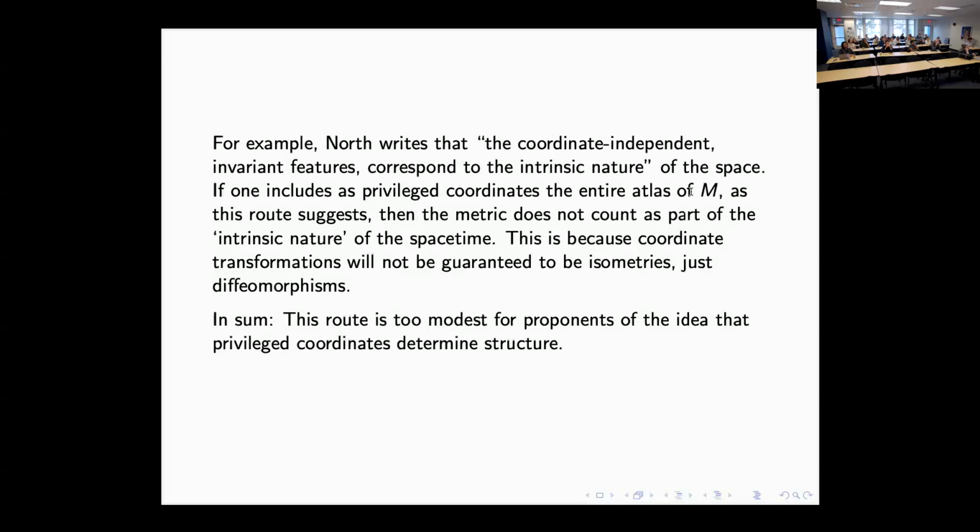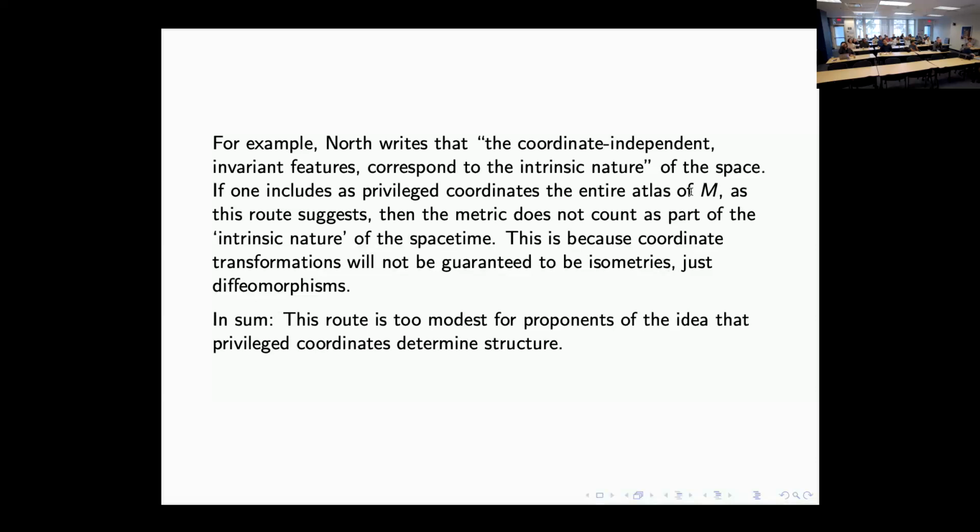made. So for example, North writes that the coordinate independent invariant features correspond to the intrinsic nature, the genuine structure of the space. If one includes as privileged coordinates the entire atlas of M, as this route is suggesting we do, then the metric doesn't count as part of the intrinsic nature, the genuine structure of spacetime, because coordinate transformations are not guaranteed to be isometries, because we've included too many maps in our collection of privileged coordinates.